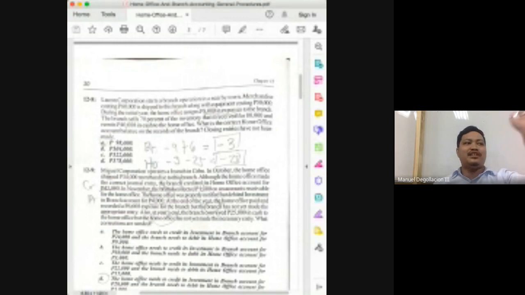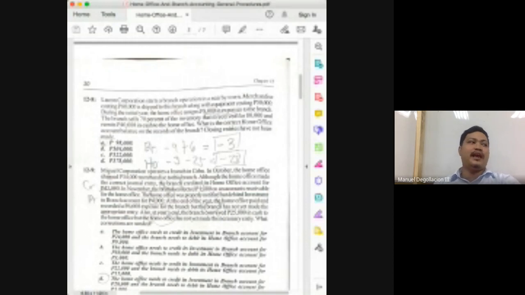The branch giving cash to the home office. Withdrawal. And what does a withdrawal transaction do to the reciprocal accounts? Decrease. So what do we do with the home office account in this case? Debit or credit? Debit. So debit home office, and what do you think would be the credit in the books of the branch? Cash. Debit home office and credit cash in the amount of 40,000.